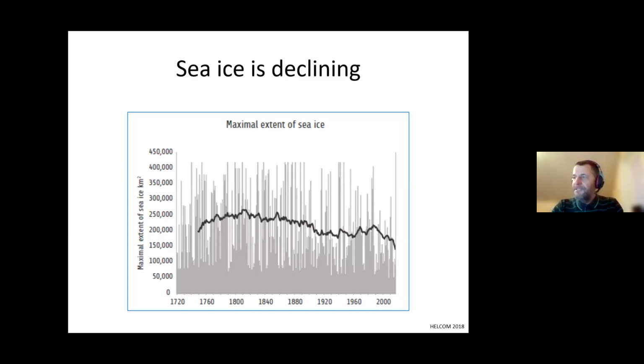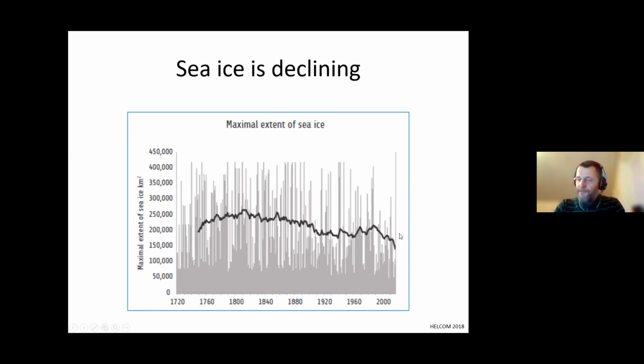But as you can see, there is a general trend, a very sharp decline during recent decades, but also during the past century from the 1800s until the 1920s. So this declining ice is not a new phenomenon in the Baltic Sea, but the strength of the decline has never occurred before in the history of the Baltic Sea.